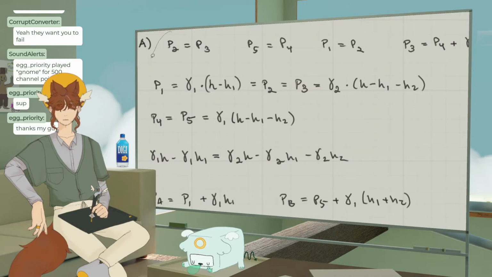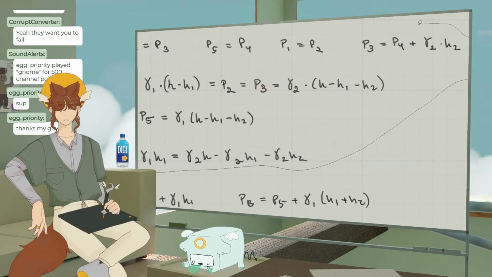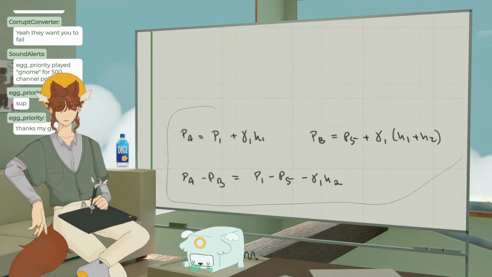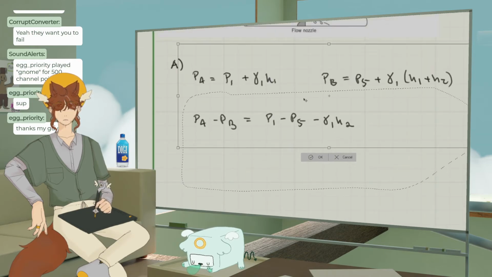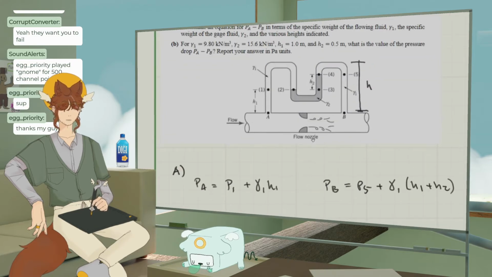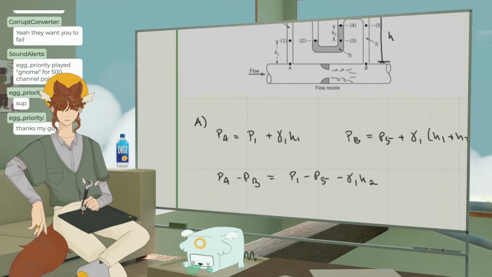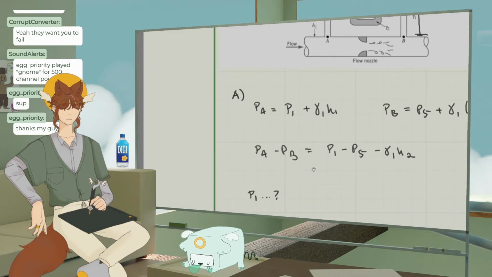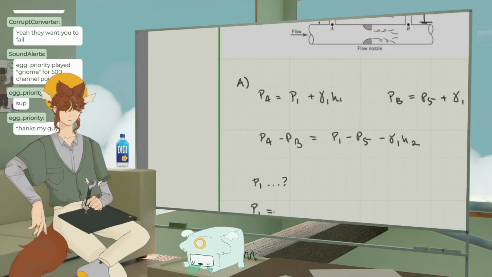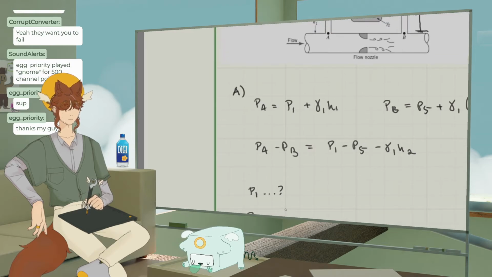So let's get rid of this. And we'll start from this and see if that can get us anywhere. I like that better because we know that and we know that. Those are what we're actually trying to solve for. So then P1 is equal to, I guess we'll just use the height, that dummy variable we have. So it would be rho 1 times h minus h1.